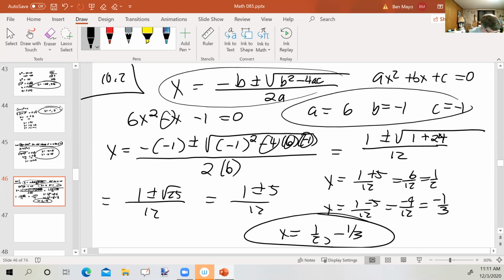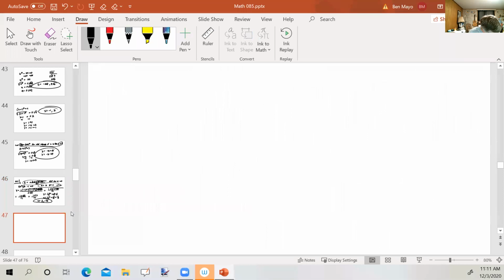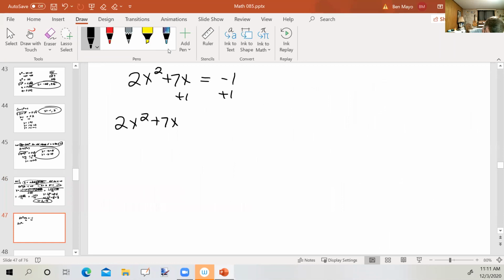Okay, let's see here. Here's another second degree or quadratic equation. 2x squared plus 7x equals negative 1. To apply the quadratic formula, we need to put this in standard form. So we'll add 1 to both sides, which gives us 2x squared plus 7x plus 1 equals 0.